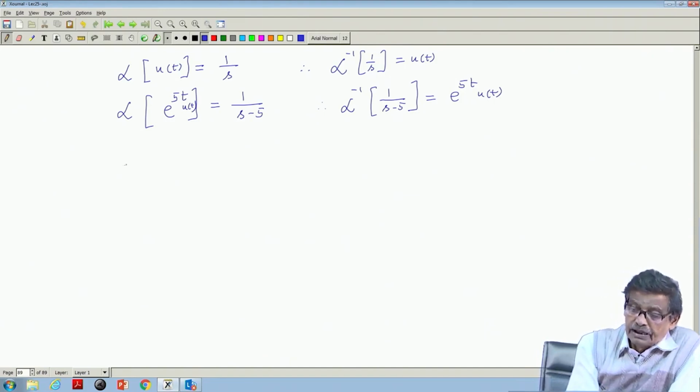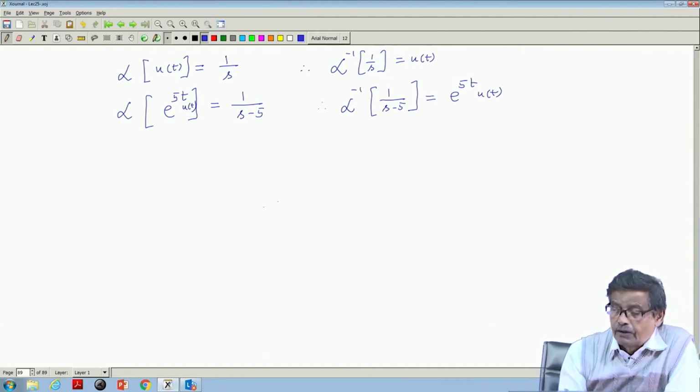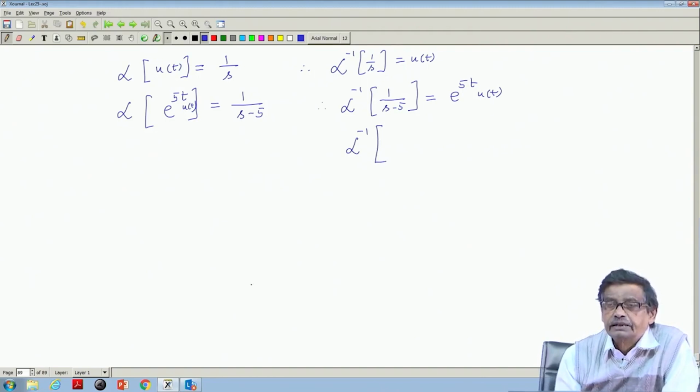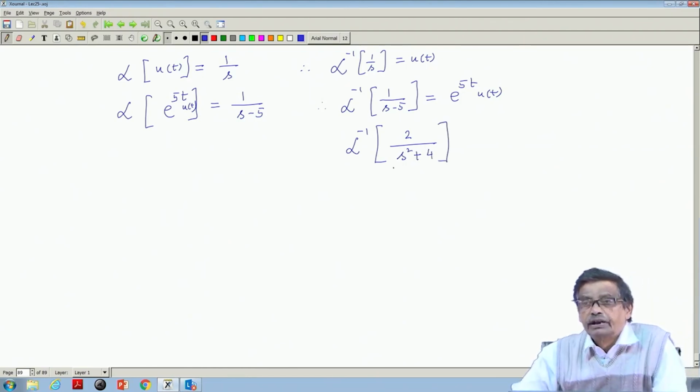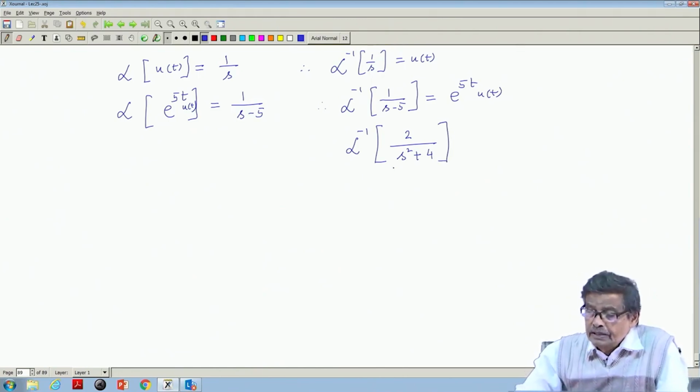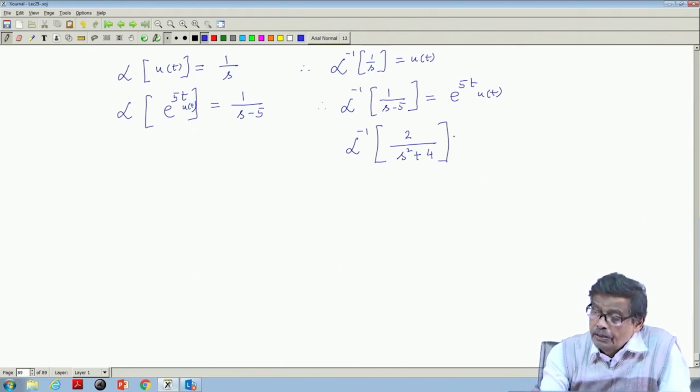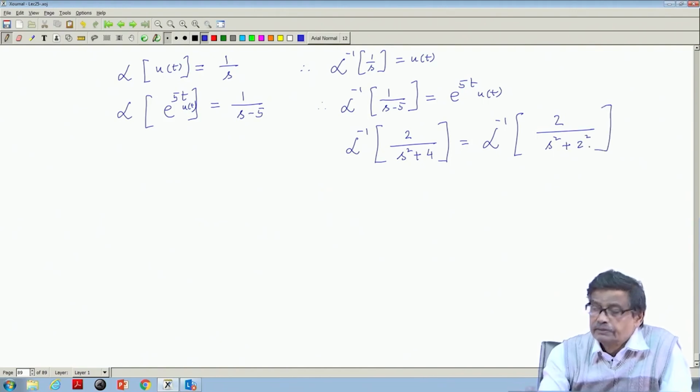Got the point. Similarly, for example, the Laplace inverse of 2 by s square plus 4. Suppose I have been asked to find this. s square plus 4 means s square plus 2 square, is it not?